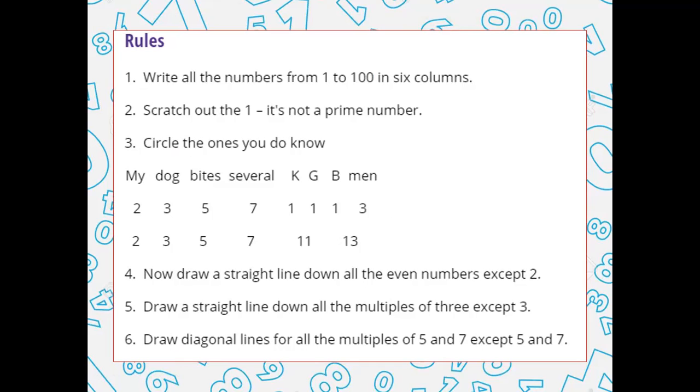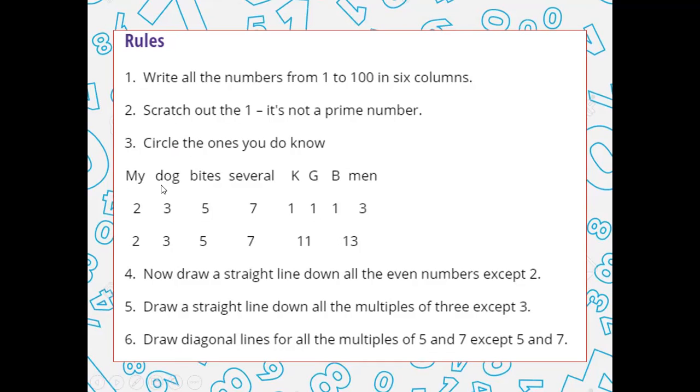Now rule 3, circle the ones that you know. Let's take this acronym: My dog bites several KGB men. If you look at this, MY has 2 letters, so we put down 2 under it.